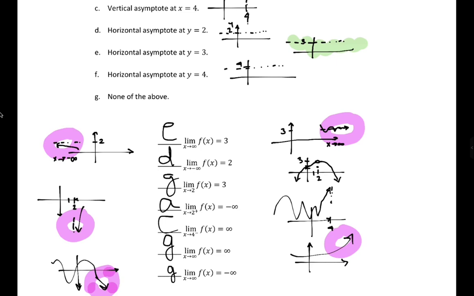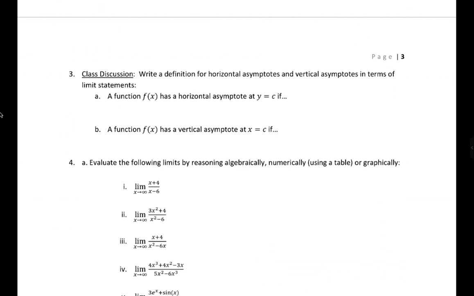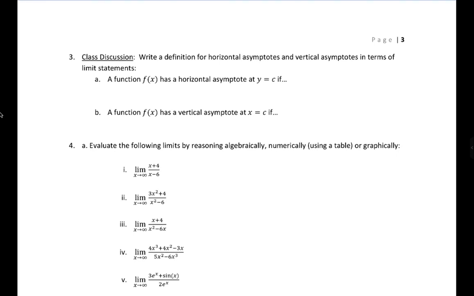So it makes sense intuitively in terms of the graph, and we can use that intuition to write down a definition for horizontal and vertical asymptote in terms of limit statements. And this is the definition that you will use to justify any problems about horizontal and vertical asymptotes in the future.